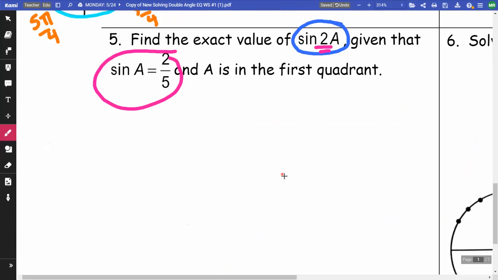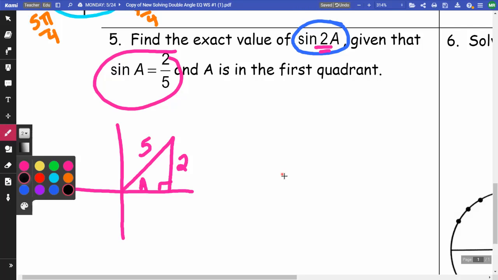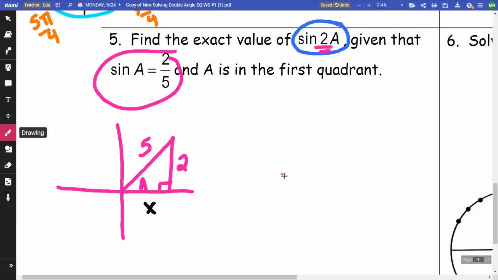So what I'm first going to do is draw this on a graph. It says that this is in quadrant 1, so I'm going to draw a right triangle. This is going to be A. And for sine, this is opposite. This is hypotenuse. And then I can do Pythagorean to find my missing side, which let's say is x.